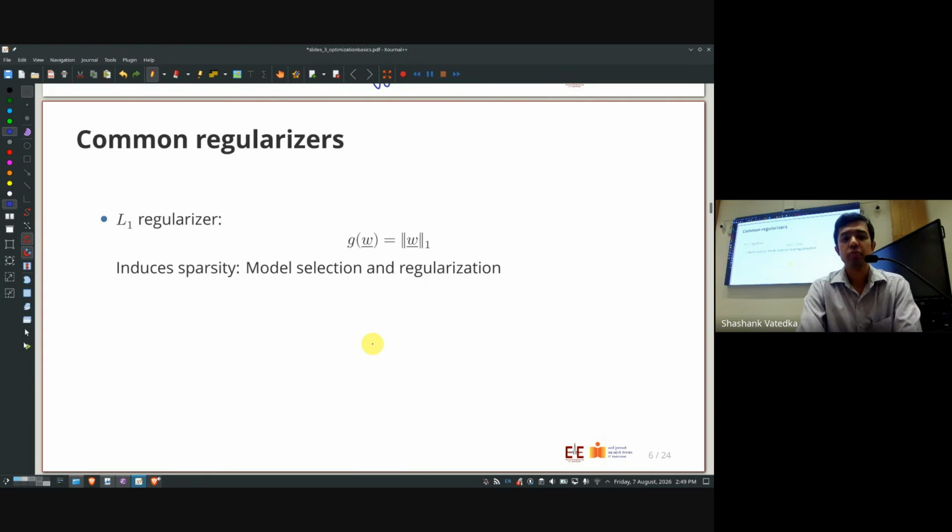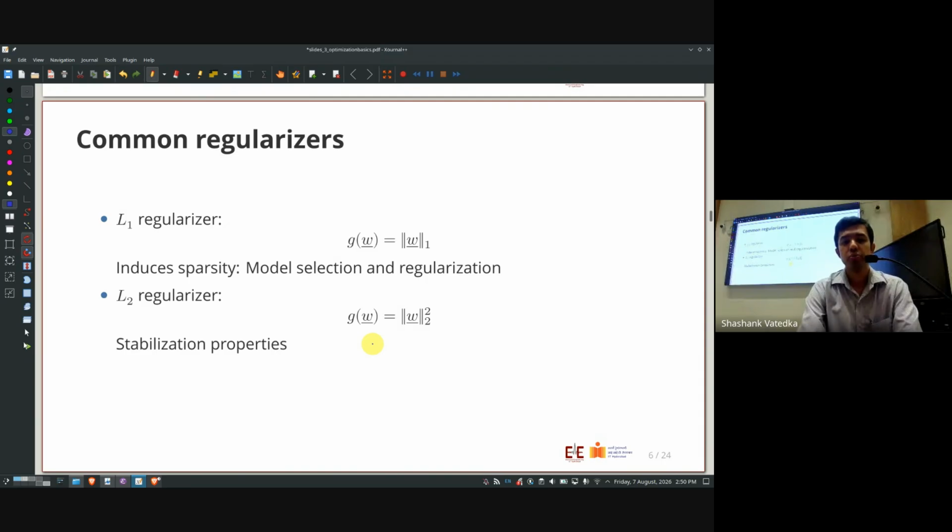What kind of regularization terms do we typically use? One is the L1 regularizer, as I mentioned in the previous class, and you usually do this to induce sparsity in your final trained model. In a sense, this corresponds to both model selection as well as regularization, because you're trying to put a bias on the model itself, forcing sparsity in your model.